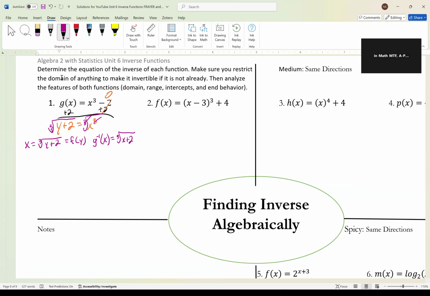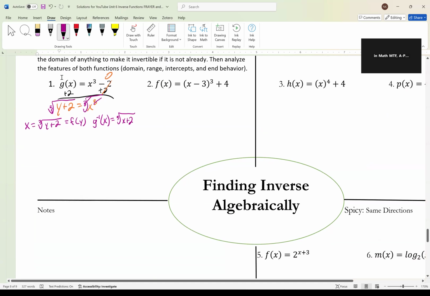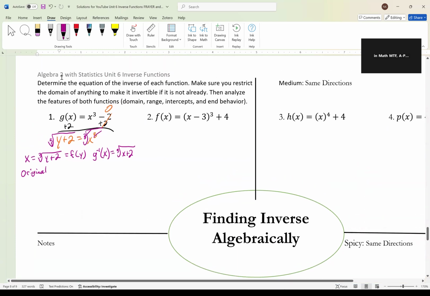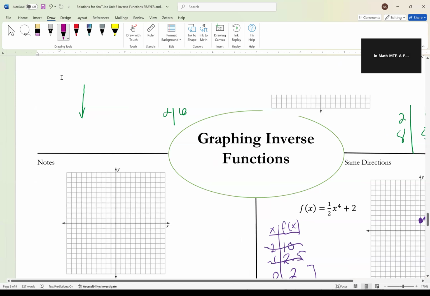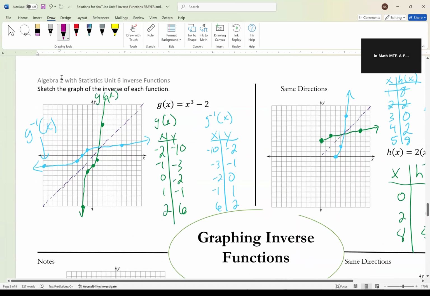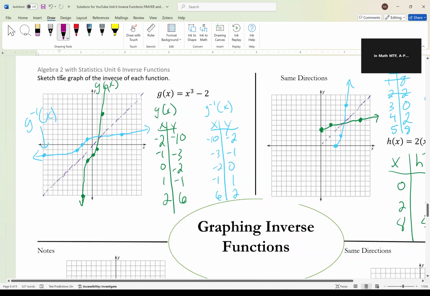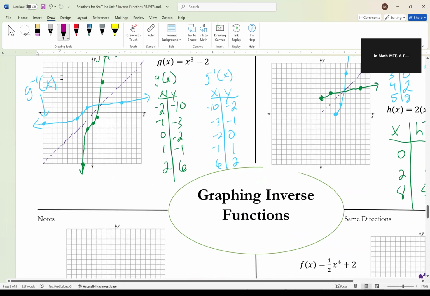So let's look at the original function here. If I'm looking at the domain for number 1, I would actually just refer you back up to here. That's the same exact function. I use that intentionally so that you could go back and look at it or just use a graphing calculator.